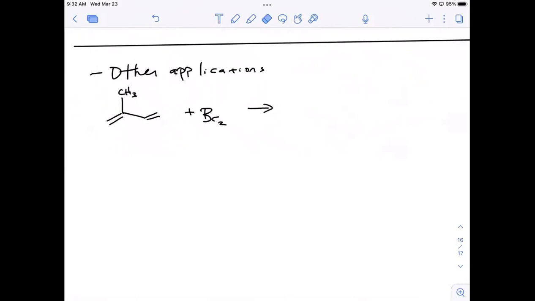Propagation? No, this is not a radical reaction. You're thinking about taking bromine and doing radical substitution. This is different.